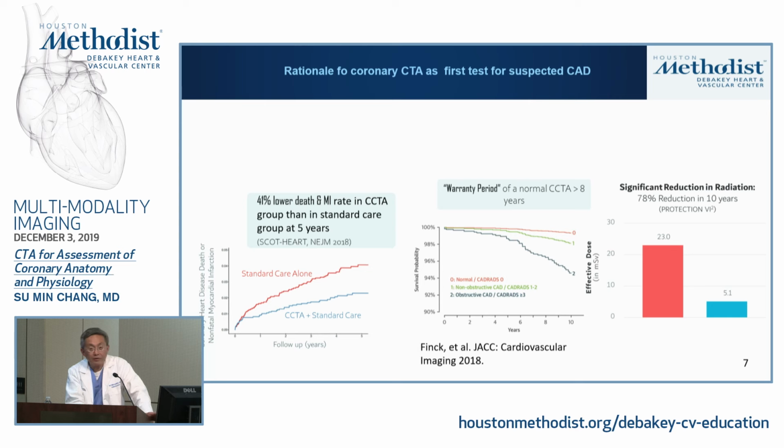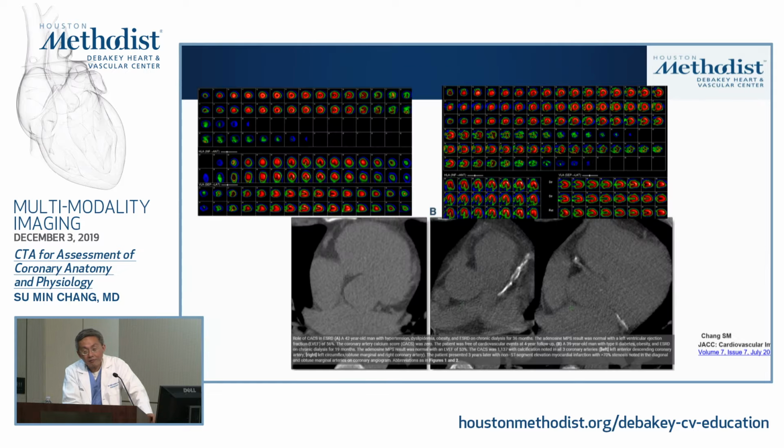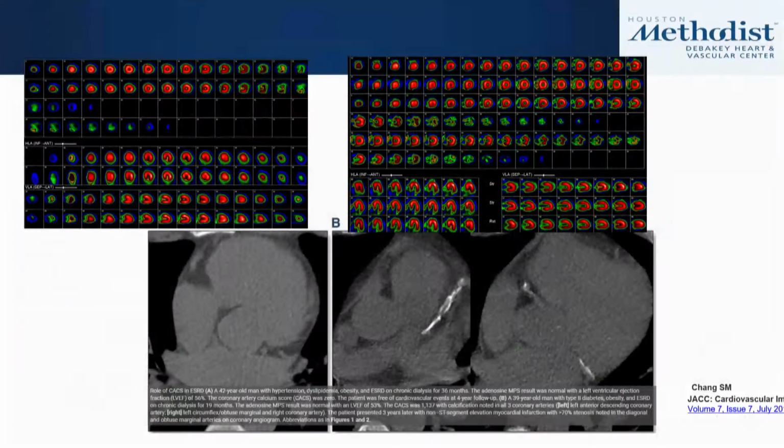I think it's very comparable, okay? As you can see there, over the last 10 years, this multinational registry has shown an 80% reduction of doses. Obviously, we were using a lot of radiation, but right now, the average radiation dose is about 5 millisievert for coronary CTA. In our lab, depending on the type of patient, I think we are pretty close to that number.